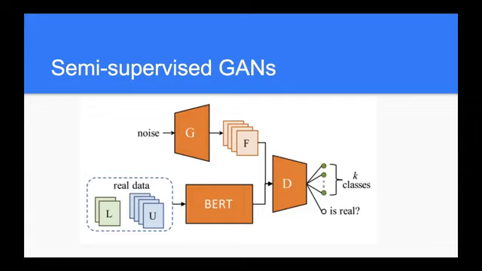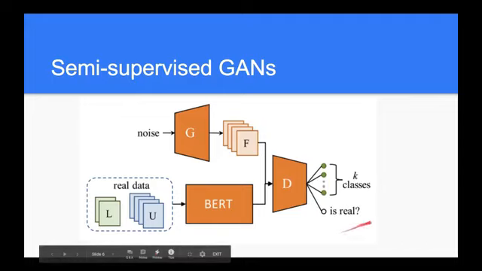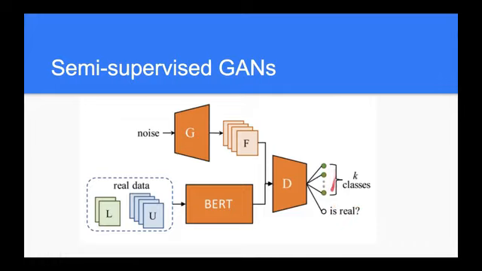And you also have the fake data generated by the generator, and your discriminator will need to classify if this data is real or fake. If it's real, it also needs to classify which class it belongs to. So basically, is it real? And if it's real, then which class is that?